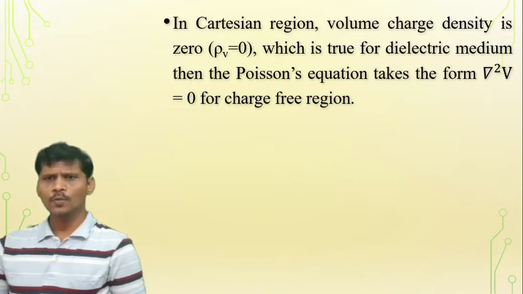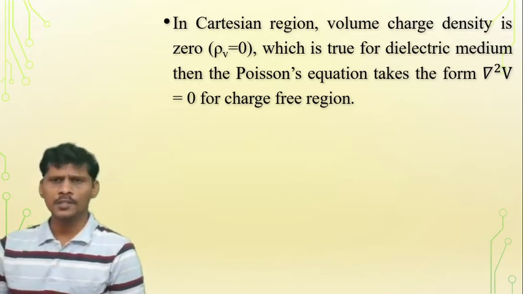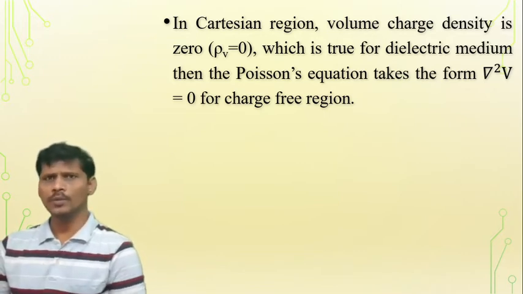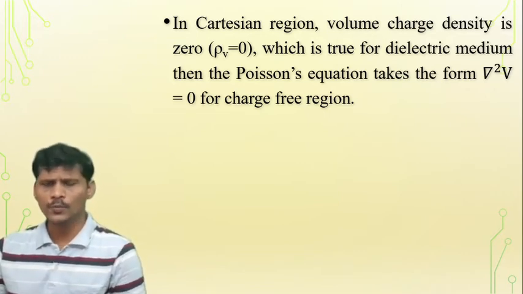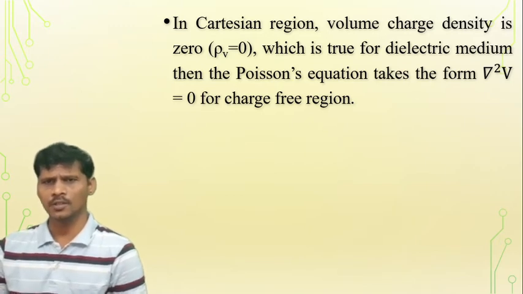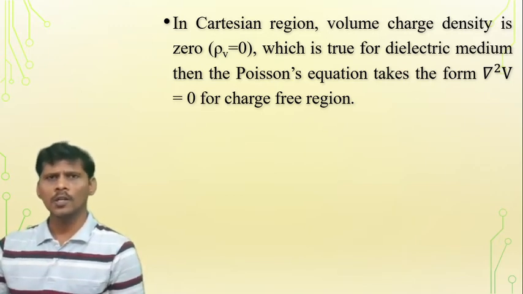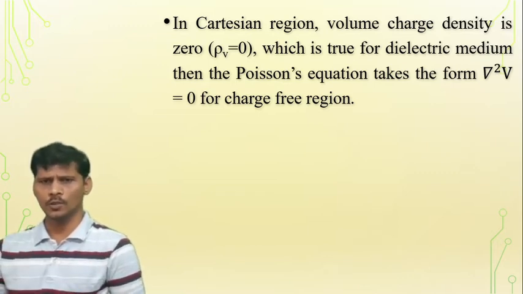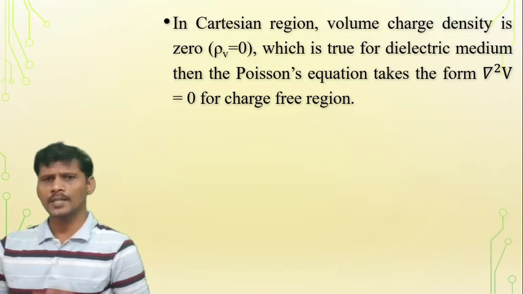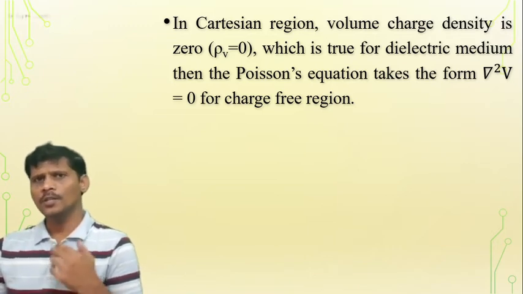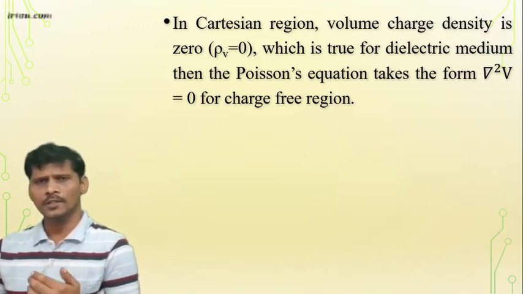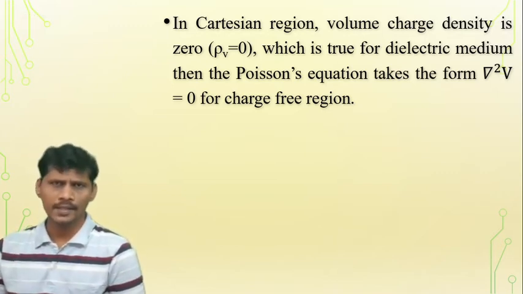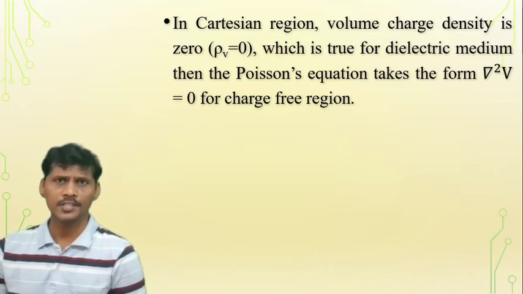If this is true for the dielectric medium, then the Poisson equation takes the form del square V is equal to 0 for the source free or charge free region.